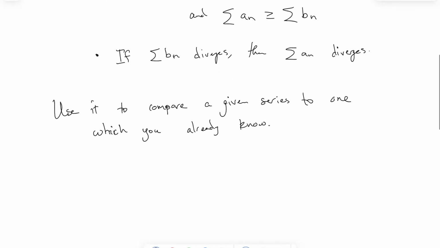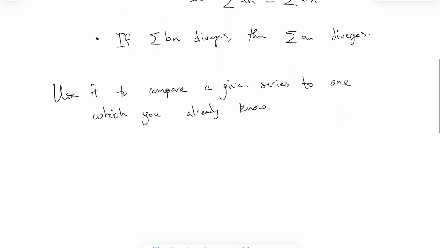And the ones which you already know, I will just refresh our memory. The ones which we already know are the geometric series and the p series. So if it's geometric, that one looks like a r to the n minus 1. Or sometimes they just look like a r to the n or just r to the n. These are geometric.